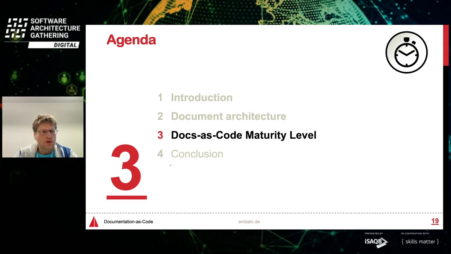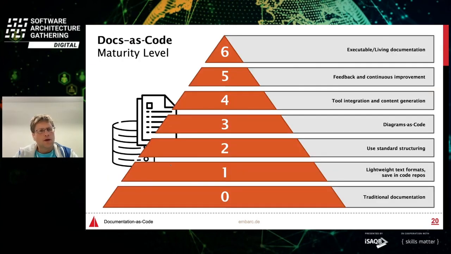There's also a maturity level model for REST, and we adapted it, and I made this one. We have 7 stages, and the stage at the bottom, stage 0, is traditional documentation, and we will have a look at how we can go up through all the stages until maybe stage number 6.